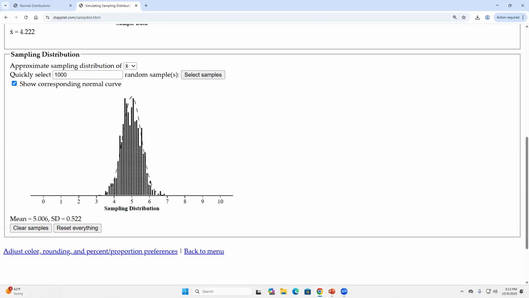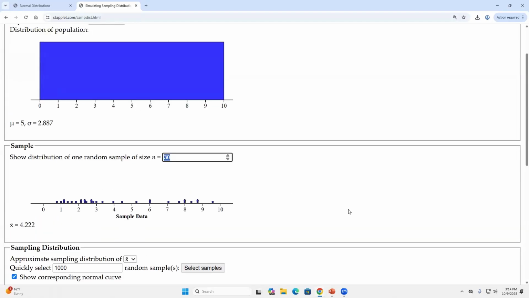And also the more closely it's going to be fit to this normally distributed curve here. So your sampling distribution becomes a normal distribution when your sample size is sufficiently large. And typically for most populations, a sample size of 30 is sufficient to do this.